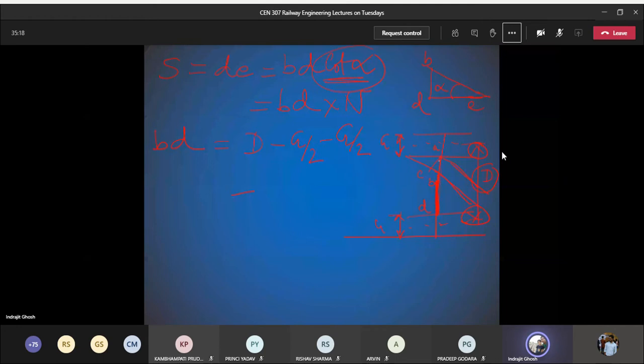But we need BD, so we will subtract AB. So D minus G minus AB. Okay. So what is AB now? This is vertical. This angle is what? This is alpha.